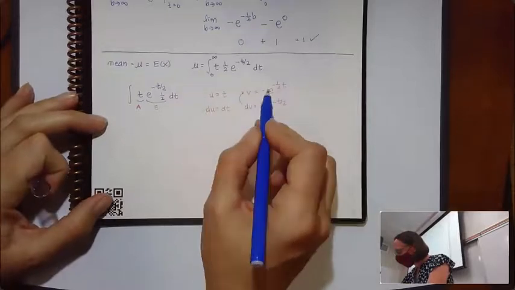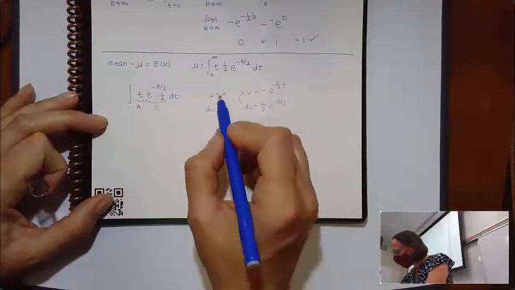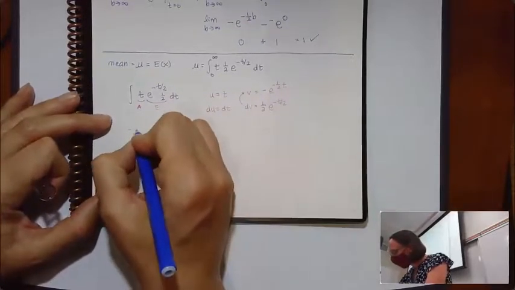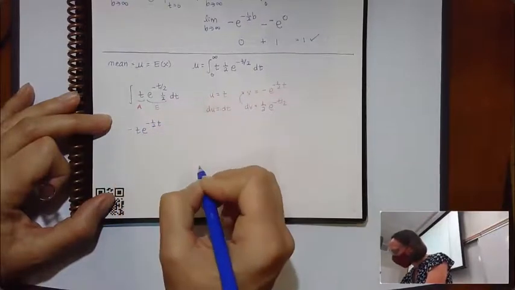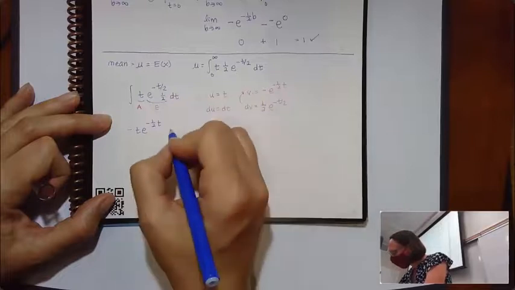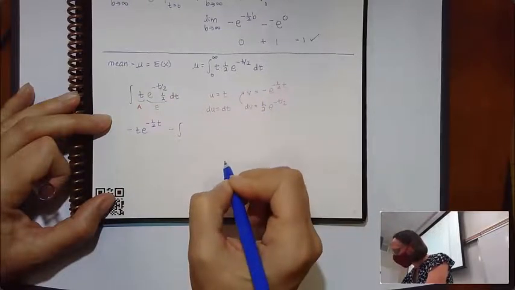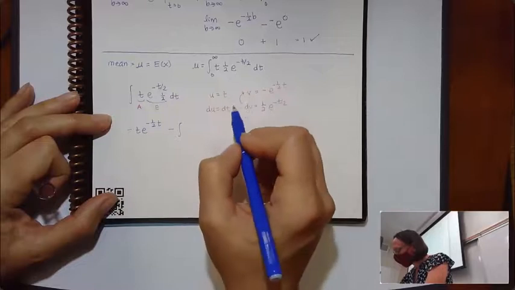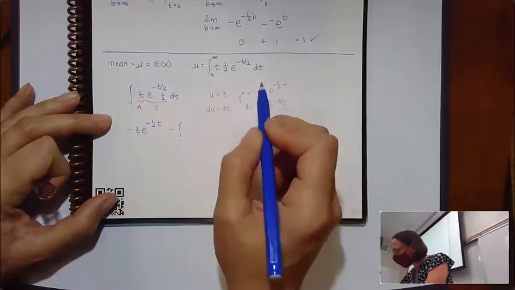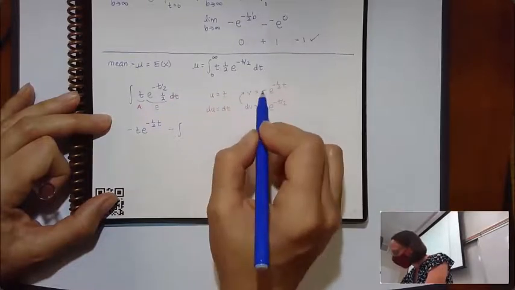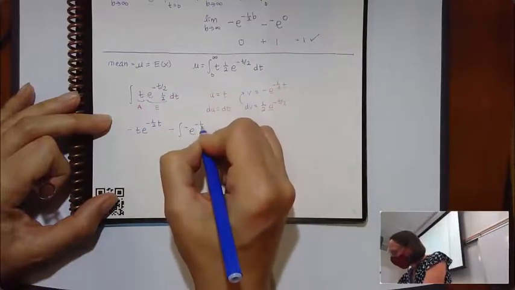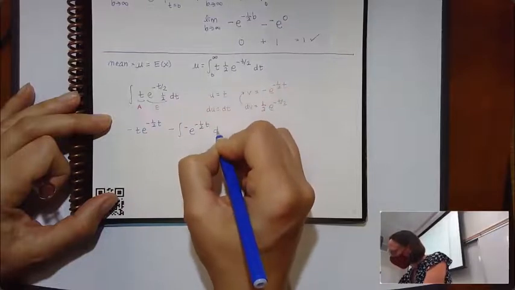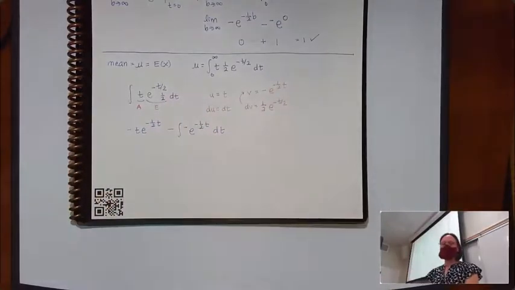Writing that in my ultraviolet voodoo, u times v would be negative t e to the negative 1/2 t minus the integral of, ultraviolet voodoo, so I need negative e to the negative 1/2 t dt. The minus and minus is going to make that a plus.